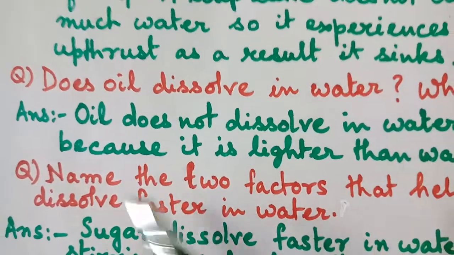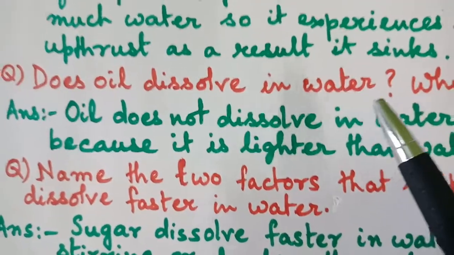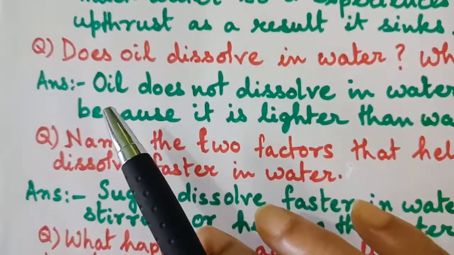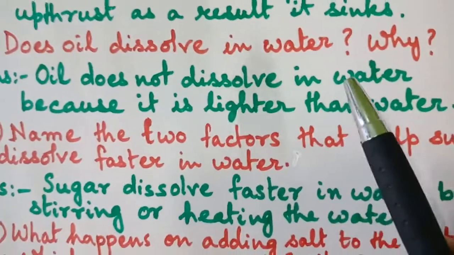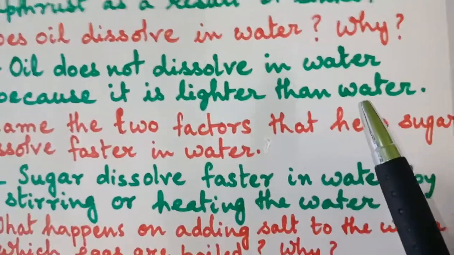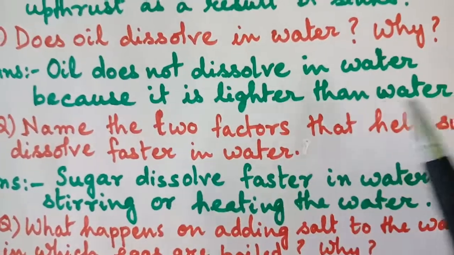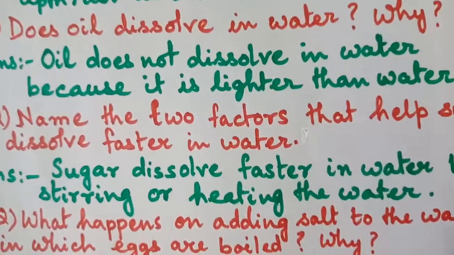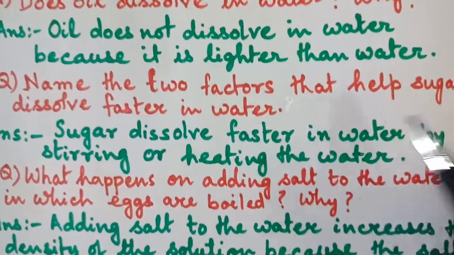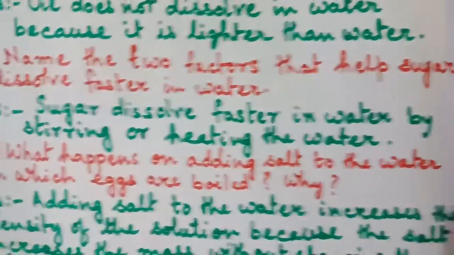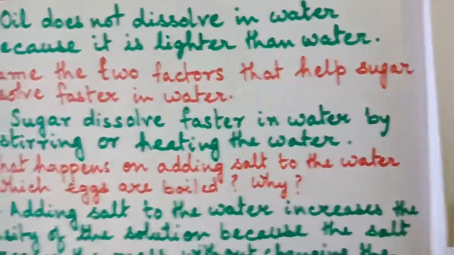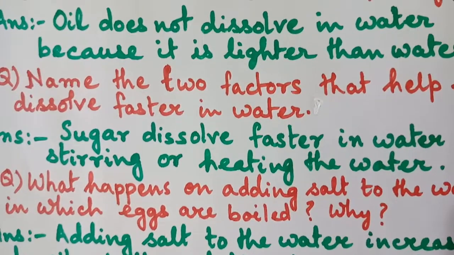Now, does oil dissolve in water? Why? Oil does not dissolve in water because it is lighter than water. Name the two factors that help sugar dissolve faster in water.